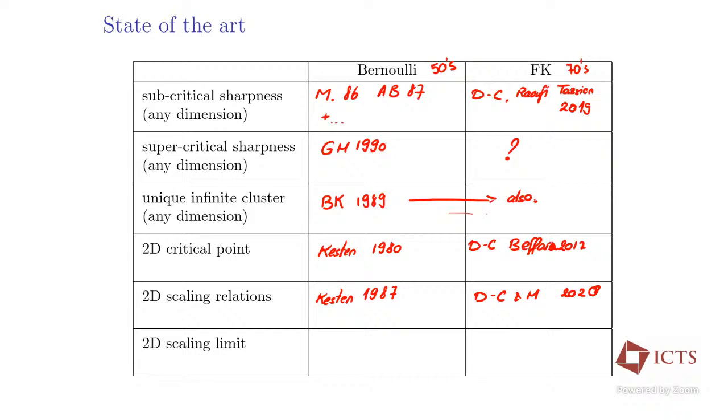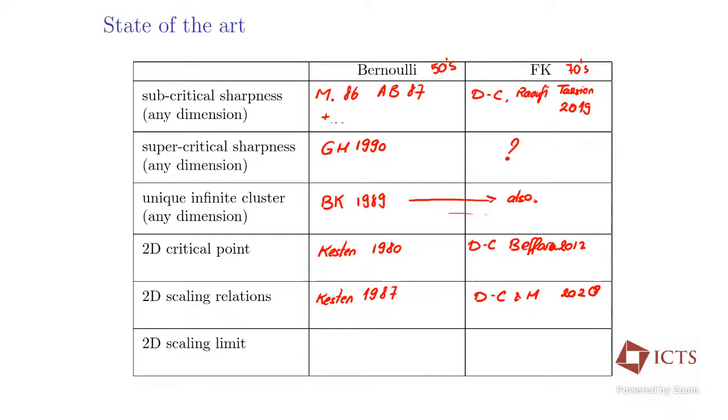And finally, you can think about whether the scaling limit exists, or determine the critical exponents, or really show that there is something like a scaling limit. So this is an extremely difficult question.